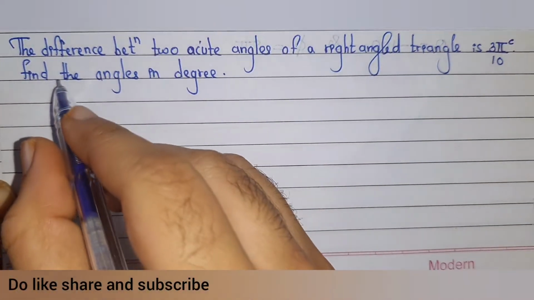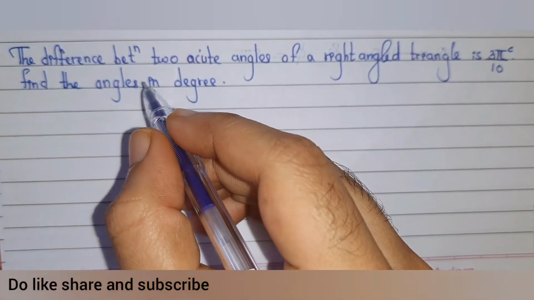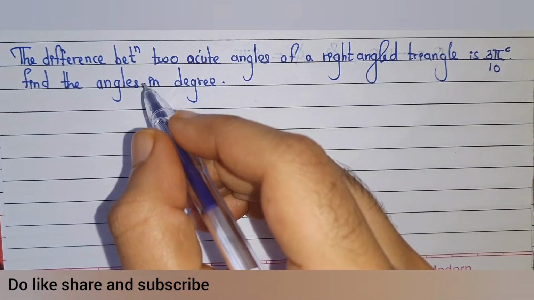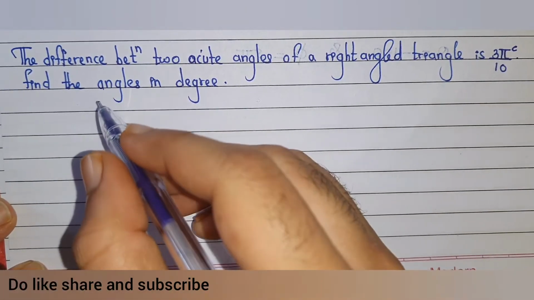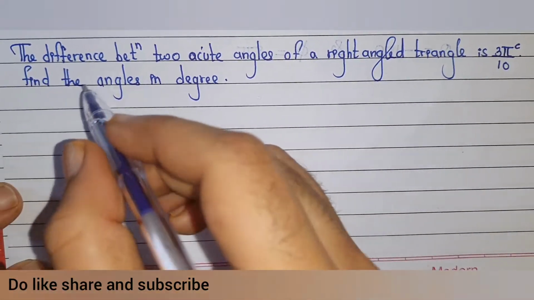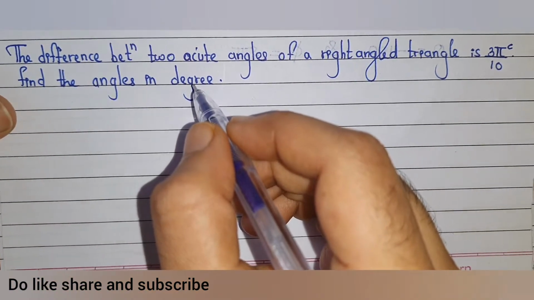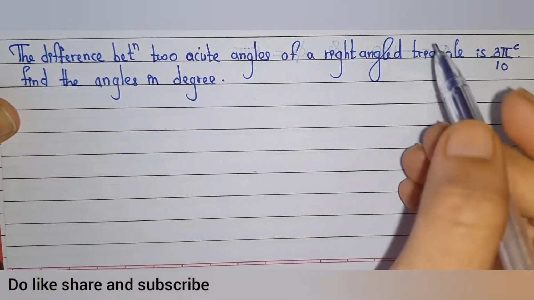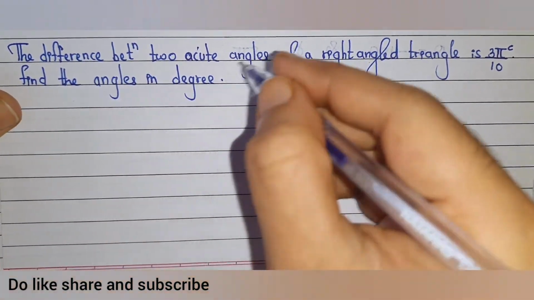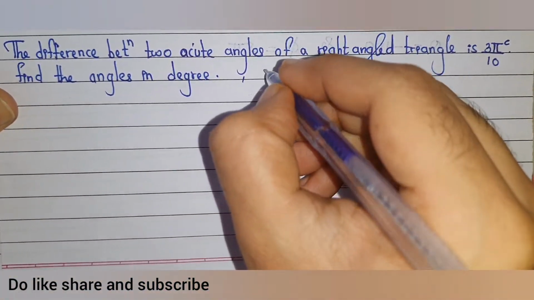So our next question is: the difference between two acute angles of a right angle triangle is 3 pi by 10 radians. Find the angles in degrees. So here we have been given the acute angles of a right angle triangle, so we can assume these two acute angles.